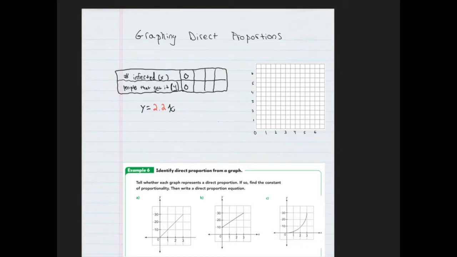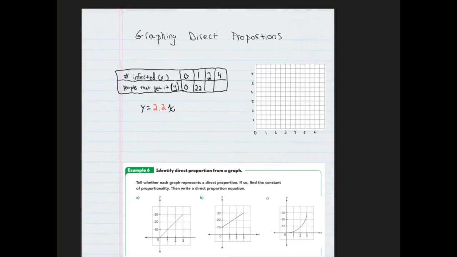So let's try 1. We would say that it's about 2.2, and I'm getting this information because 2.2 times 1 is 2.2. I'm filling in the table, and then I'm going to fill in the graph. So 0, 1, do 2, and then let's do 4.